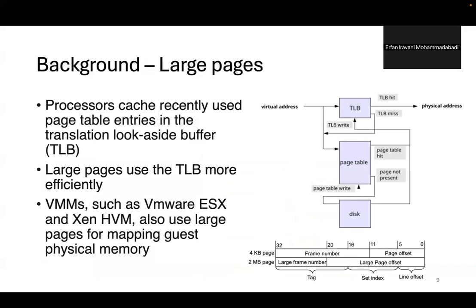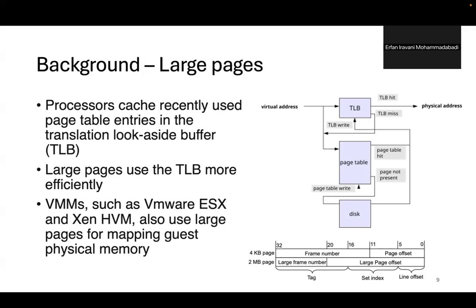Large pages reduce the number of required entries, and therefore they increase the chance of a TLB hit and consequently reduce page table lookups. Because of this, VM monitors use large pages for mapping guest physical memory.